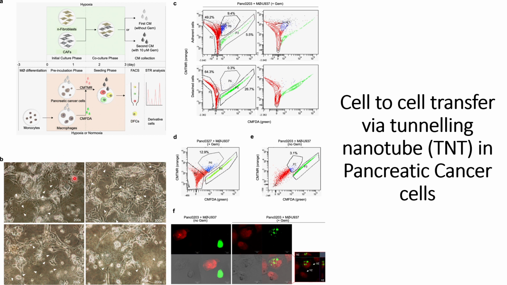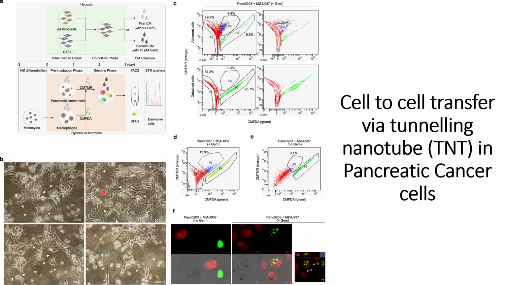In this figure they have shown many white arrows, and these white arrows are pointing towards what they call tunneling nanotubes, which are used to transfer information between the cells. That is, intercellular transport might have occurred through these tunneling nanotubes that are shown by the arrows.